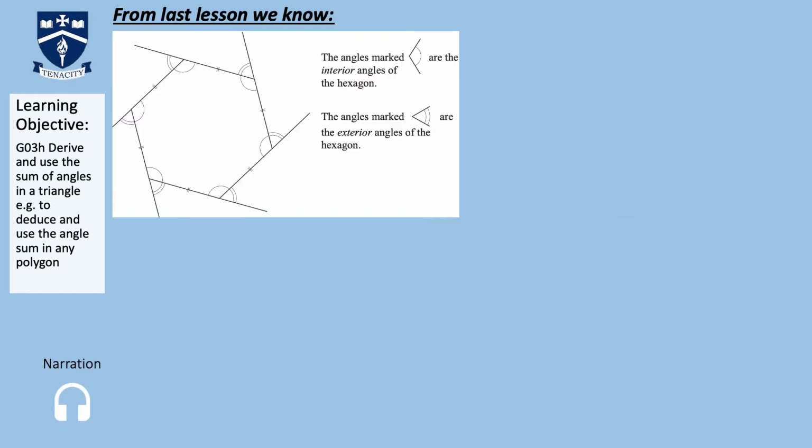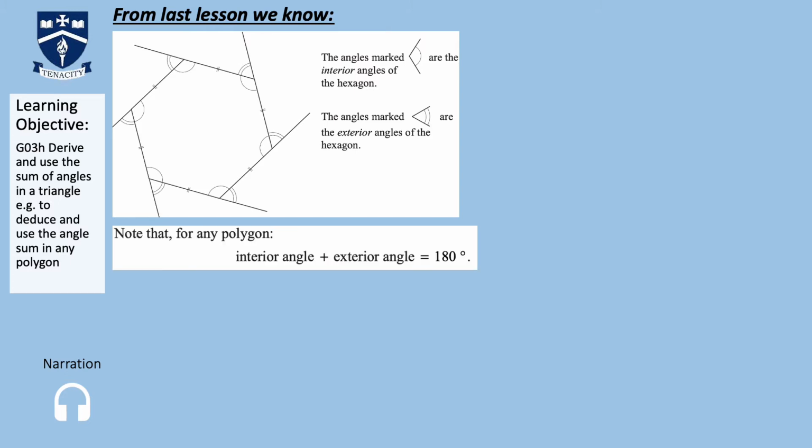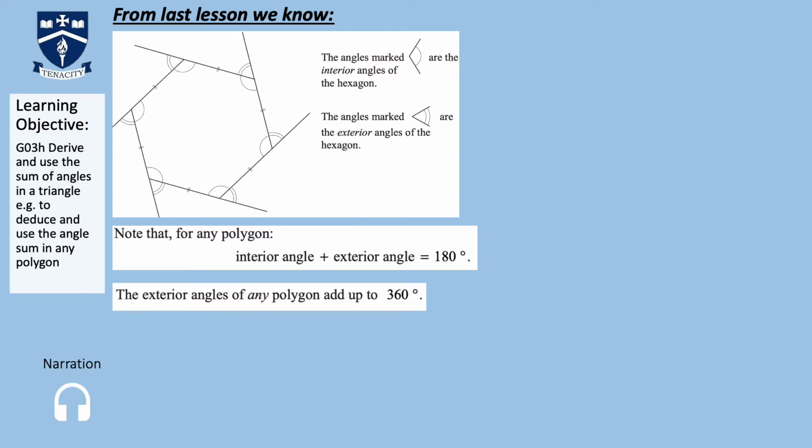From last lesson, we know that interior angles are marked as shown on the picture on the screen, and we know what an exterior angle in a polygon is as well, and it's marked with the double lines as shown in the picture on the screen. We also know that for any polygon, the interior angle add the exterior angle equals 180 degrees, as it forms a straight line.